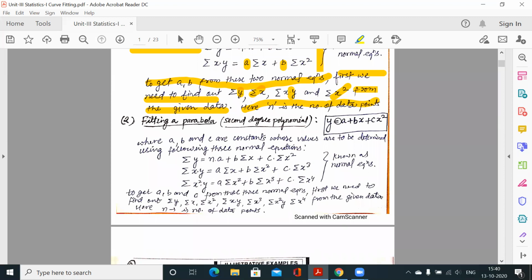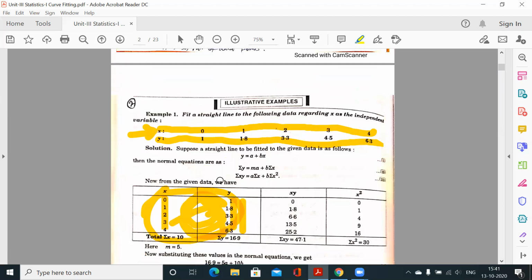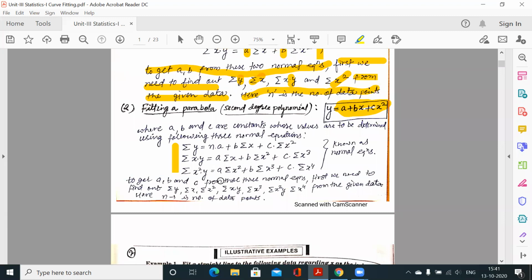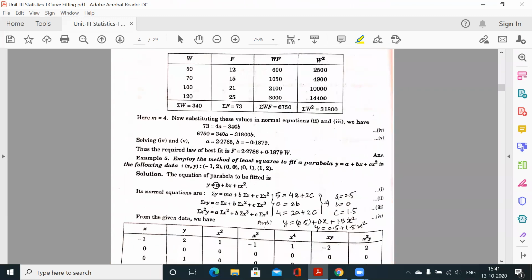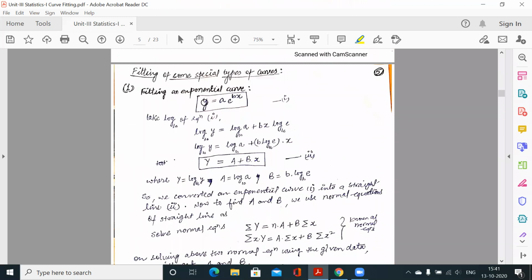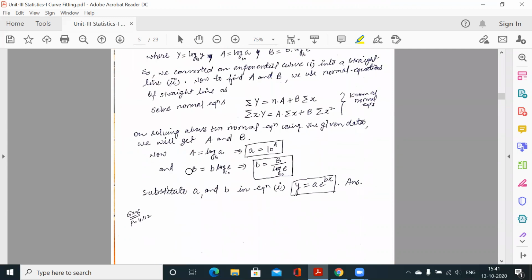For another curve, like this parabola or second degree polynomial, we have these three normal equations. We have another curve also, the exponential curve, for which we have different normal equations.